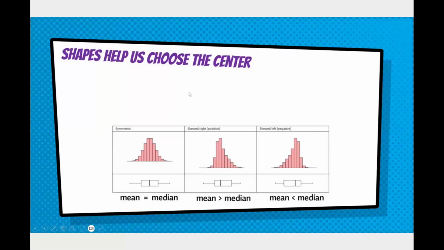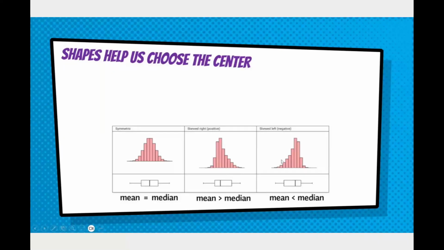Why is this important? Because it helps us choose the center. We talked about that the other day. If we plugged in our data and saw something that was skewed, and I'm trying to describe the center, I'm not going to want to use the mean here. I'm going to want to use the median, because that's the best measure of center there.